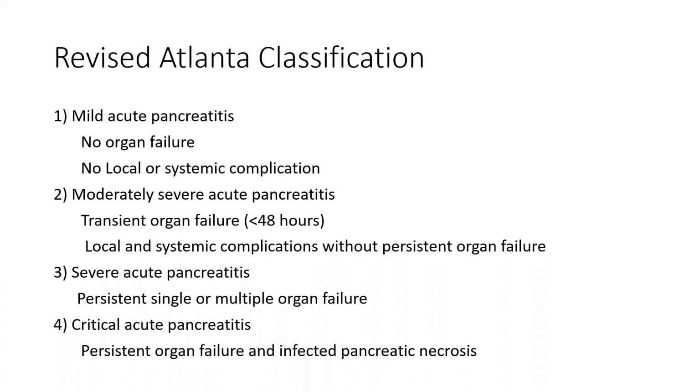We label it moderately severe acute pancreatitis when there is transient organ failure, that is, organ failure that resolves within 48 hours, or local or systemic complication without persistent organ failure. To call it severe acute pancreatitis, there should be persistent single or multiple organ failure. And critical acute pancreatitis means persistent organ failure and infected pancreatic necrosis.